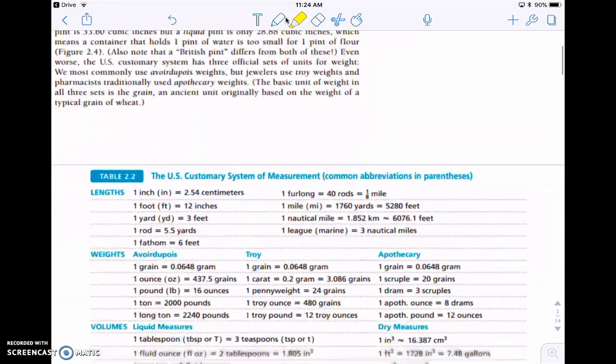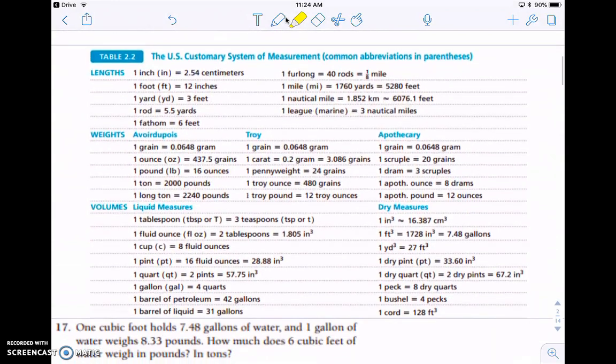And here are some of what we call the conversions, or our equivalent factors here. So for example, 1 foot is 12 inches, 1 yard is 3 feet, 1 mile is 5,280 feet, 1 nautical mile is 6,076.1 feet.